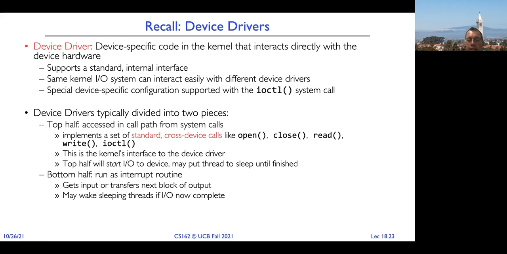And ioctl, IO control, this is an escape path. Because each device is a little bit different and requires slightly different configurations. This is what ioctl is, more for device-specific control.